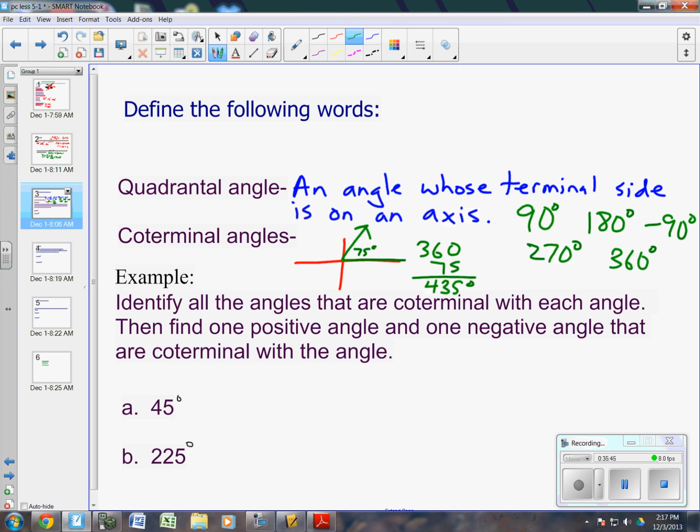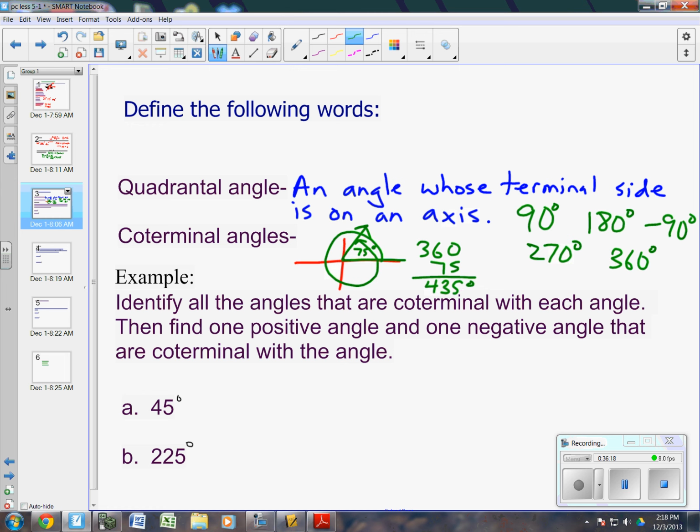You start right here on the initial side, go all the way around 360 degrees plus 75 degrees, and you end up with an angle of 435 degrees. So if you're an engineer and you have to manufacture something that goes 435 degrees, you know it's a 75-degree angle plus a full turn around the circle. Add 360. That's it.